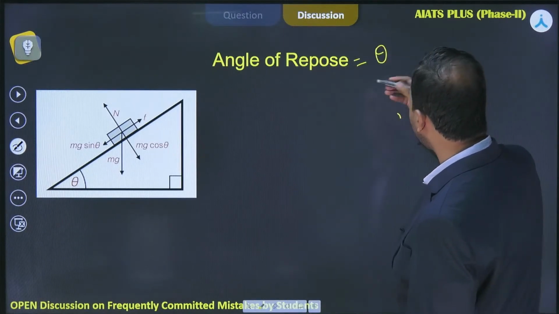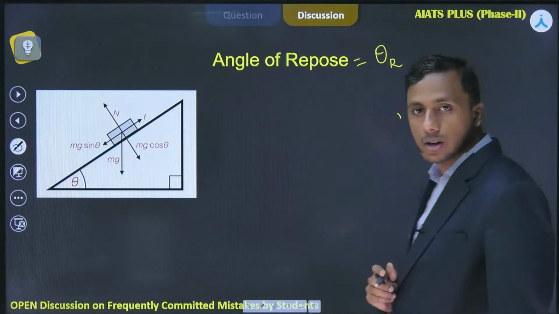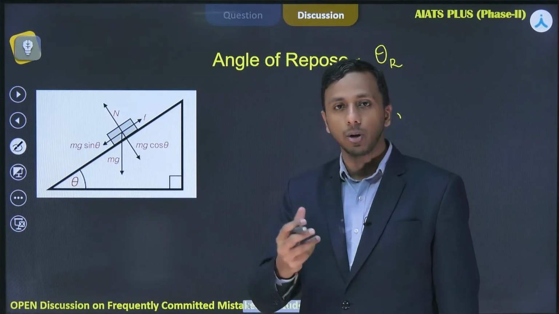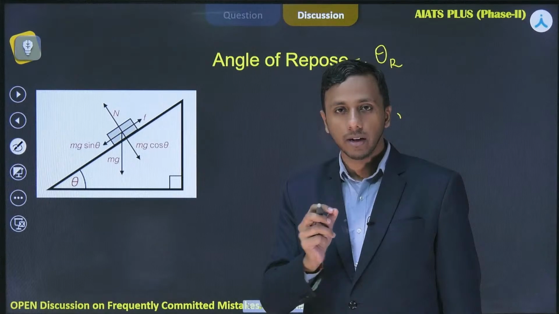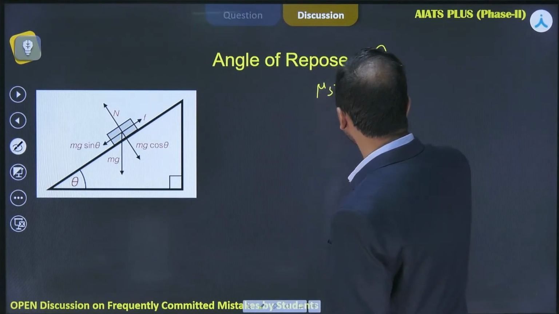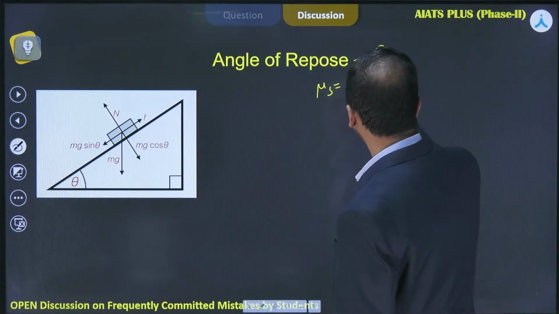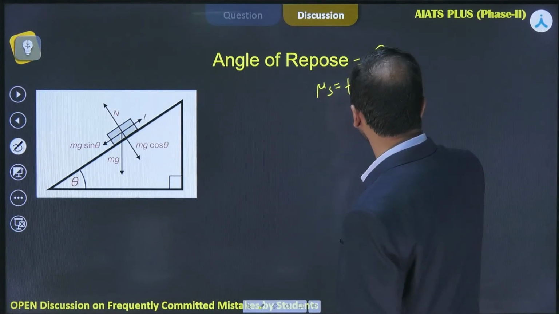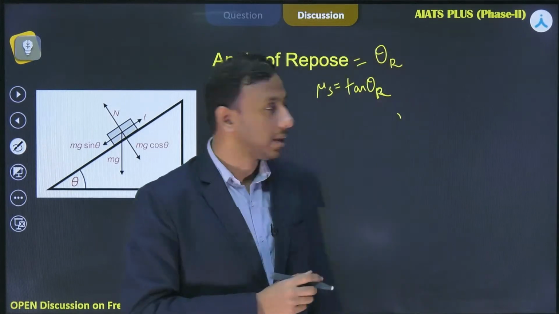So angle of repose, let's call it theta r, r for repose. We eventually concluded that mu s, the coefficient of static friction, is tan of theta r.